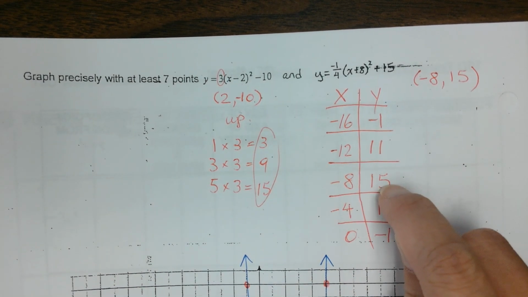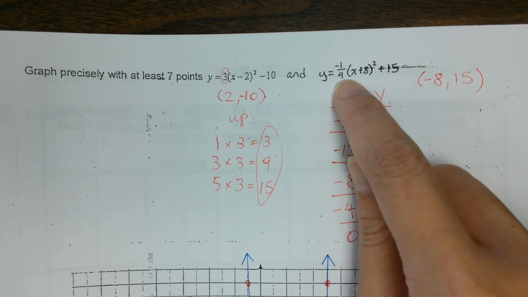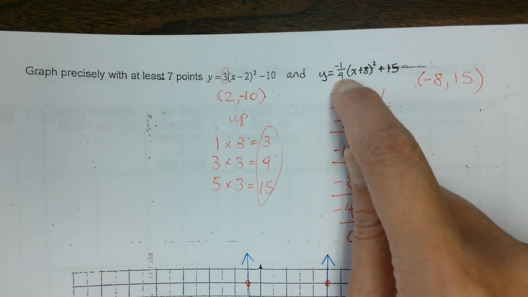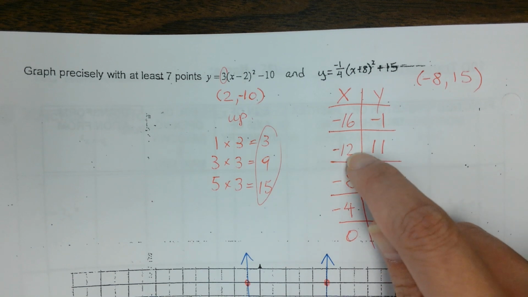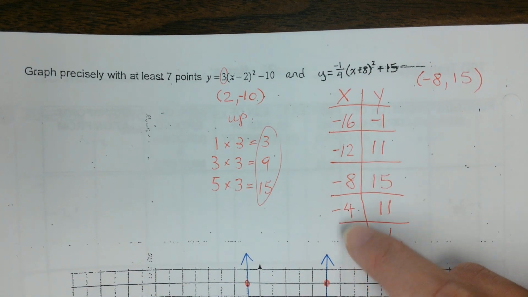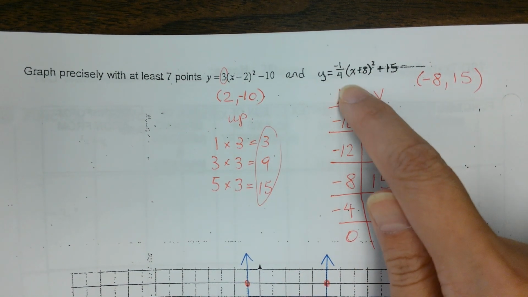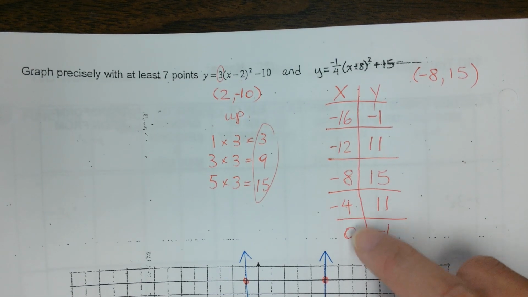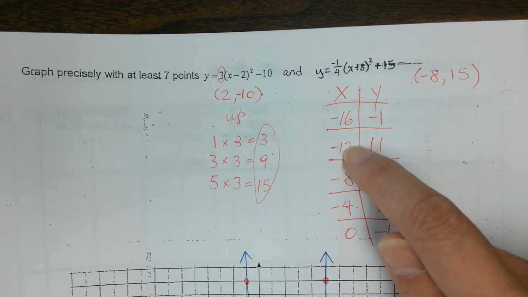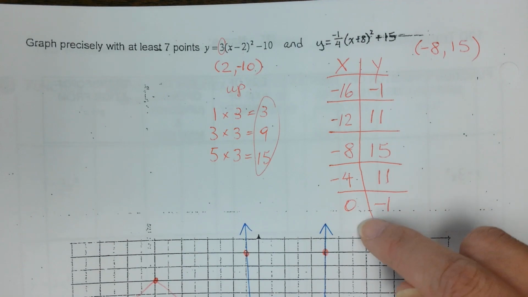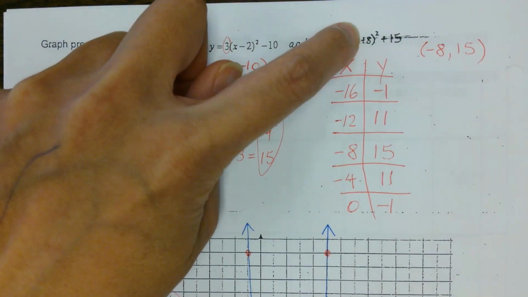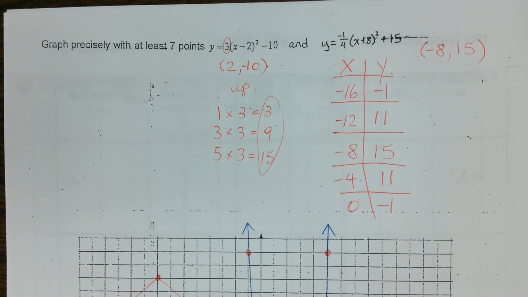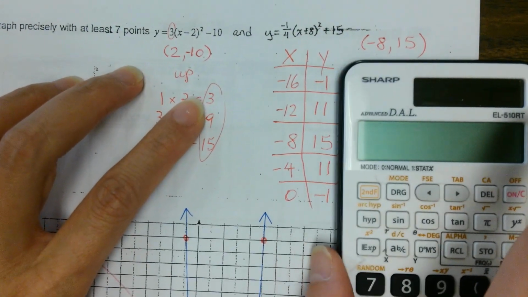And because I have a denominator of 4 right here, the trick that I taught you guys is you can go by the denominator as your scale. So since it's over 4, I'm going to use 4 as my scale. So -12, -16, -4, and 0. Now I'll show you guys how to substitute it in the calculator.